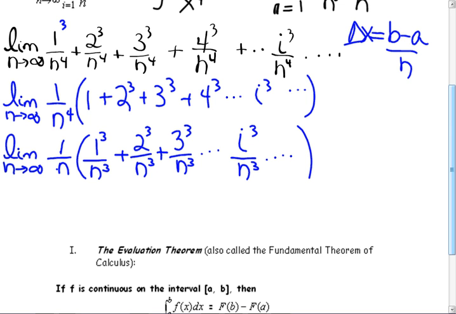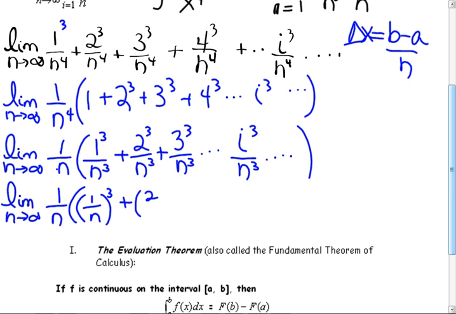Okay? But how about if I wrote it this way? It's 1 over n, and then this is 1 over n quantity cubed. Now this is looking at our class opener from yesterday. 2 over n quantity cubed plus 3 over n quantity cubed, I over n cubed.